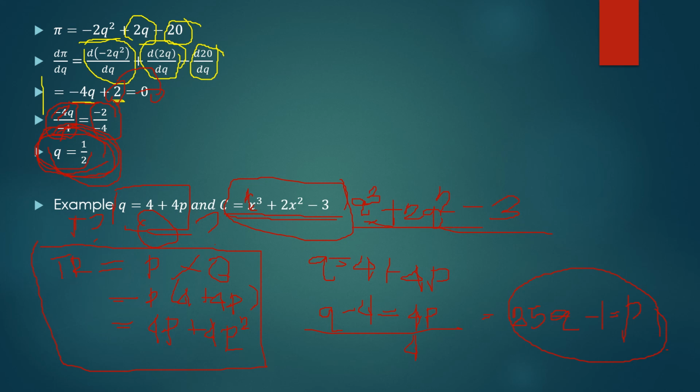So we have Q cube plus 2Q squared minus 3, and here we have our P function already, which is 0.25Q minus 1.